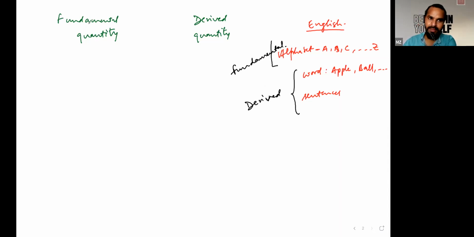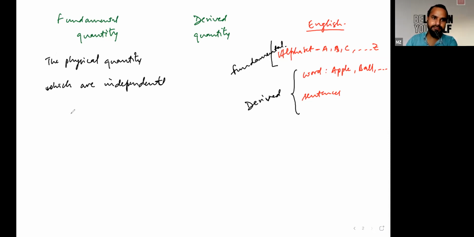Those quantities are called fundamental quantities, and the rest of the quantities which are dependent on them are called derived quantities. So the physical quantities which are independent of other quantities are called fundamental, and the quantities which are dependent on other quantities for their measurement are called derived quantities.